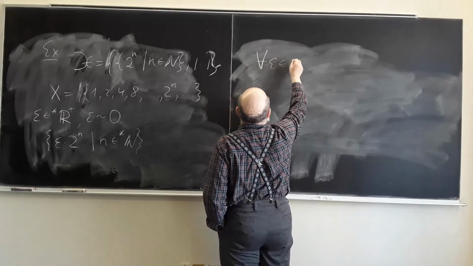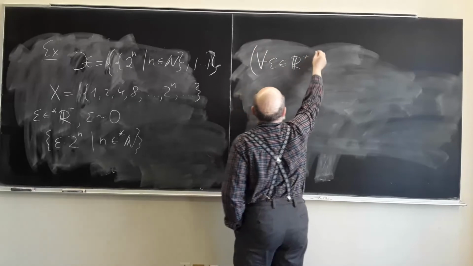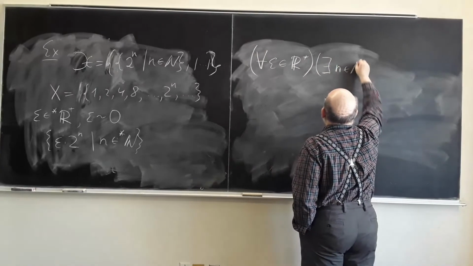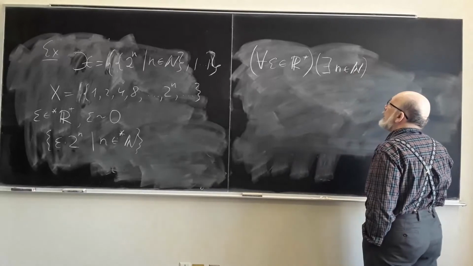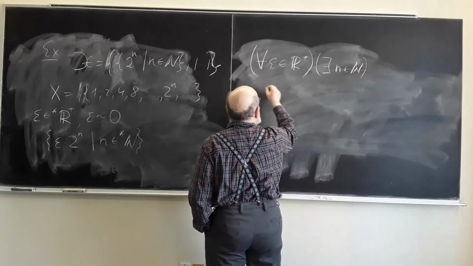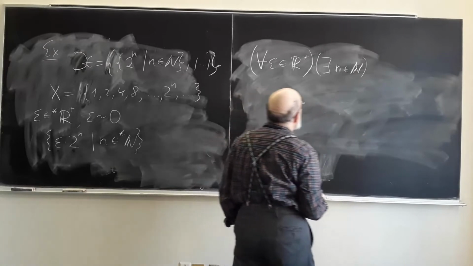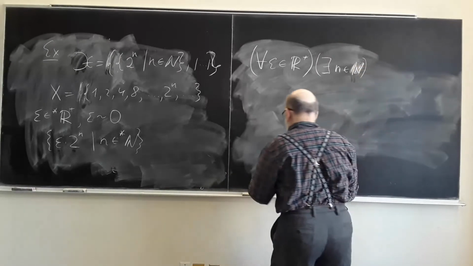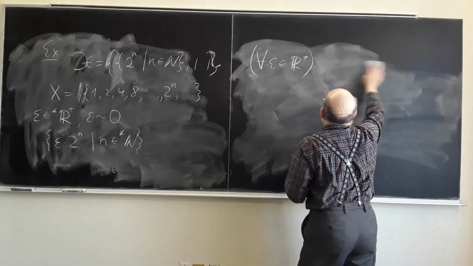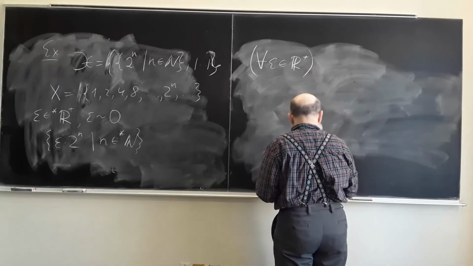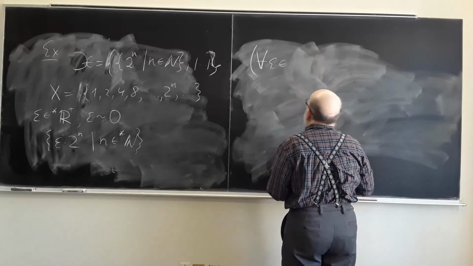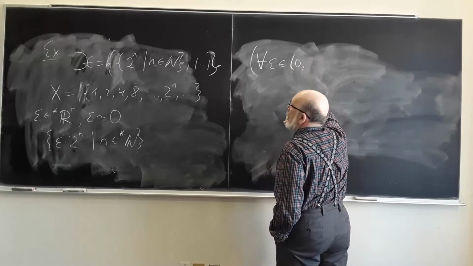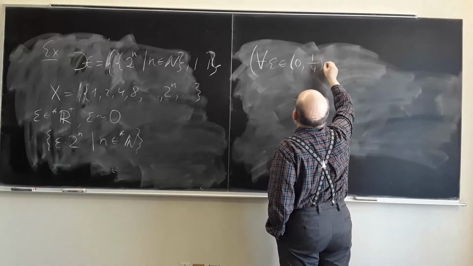For any epsilon in R plus, there exists n in N such that... Let me write here, not in R plus, I take small epsilon, in (0, 1/4), for example.